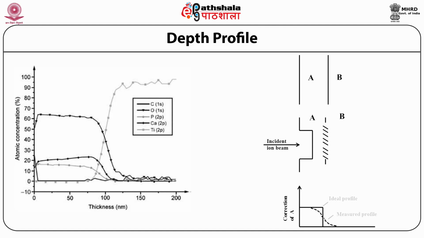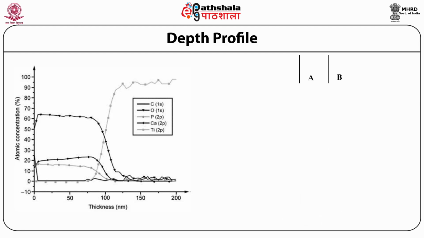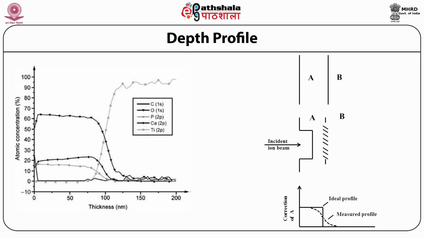Figure 7 schematically illustrates the interface smearing during depth profiling. This is also the case shown in figure 8, in which the smooth interface of coating and titanium substrate becomes diffuse in the profile.